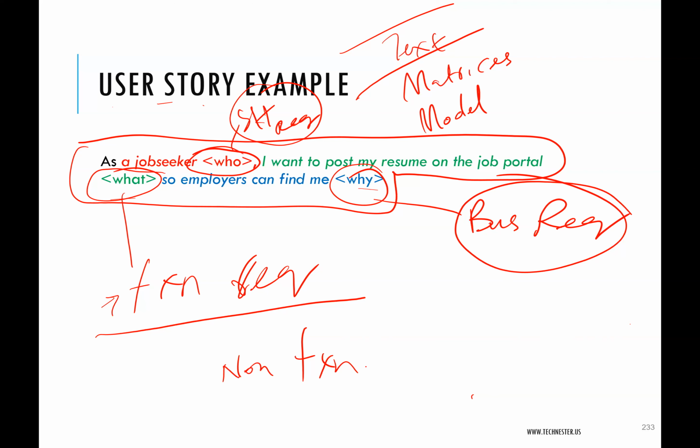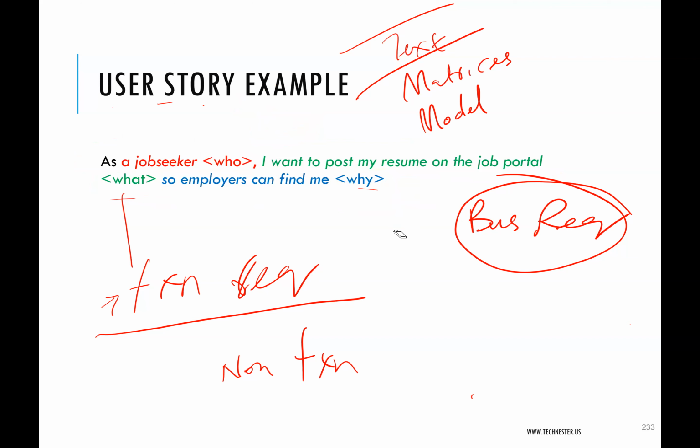From this alone, you can trace the requirements. You know the business requirements that are being fulfilled. You know the functional requirements. You know the stakeholder that is requesting it. So Agile has power. This simple one-sentence story has a lot of power.